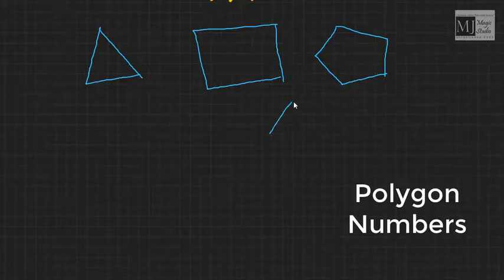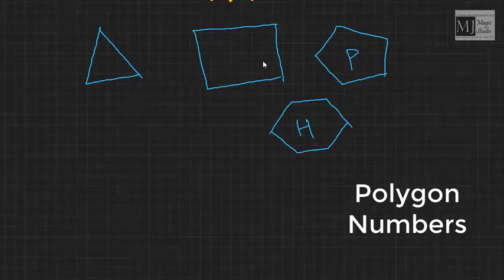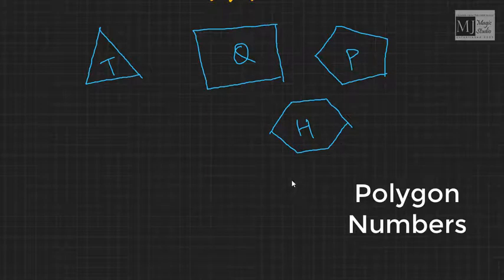So if we have 6 sides, what should be the name given to the 6-sided one? Hexagon. 7, septagon. 8, anyone? Octagon. 9, nonagon.